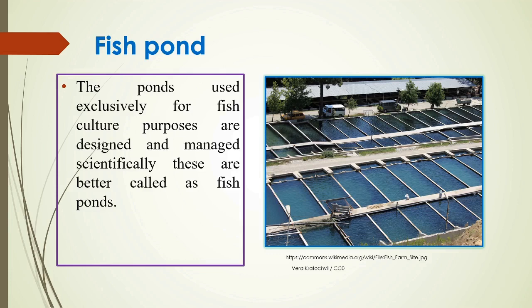Aquaculture activities start with the construction of ponds till the harvest of table-sized fishes. In this slide, you can see an image that contains different types of fish ponds. So this is a fish farm. Here you can see various fish ponds.